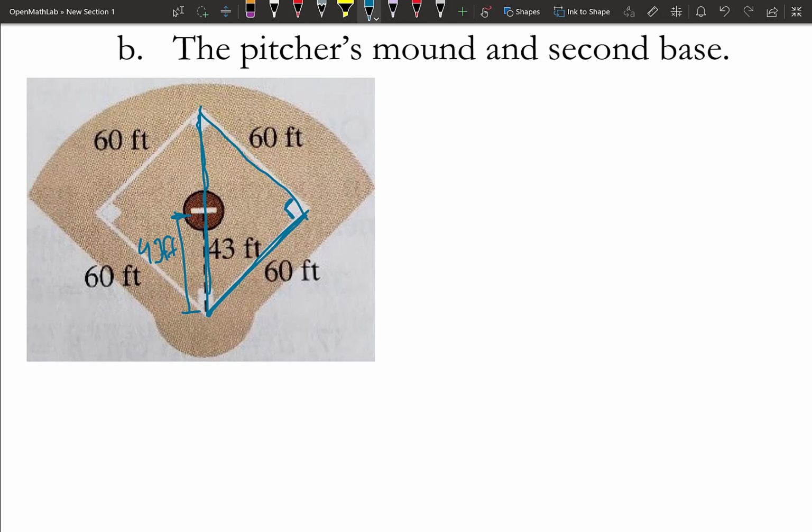Let me fill in what we had before. I called this angle A, this angle B, and this angle C. Let me call this angle D. All of this would be thought of as little c, because this is a capital C.